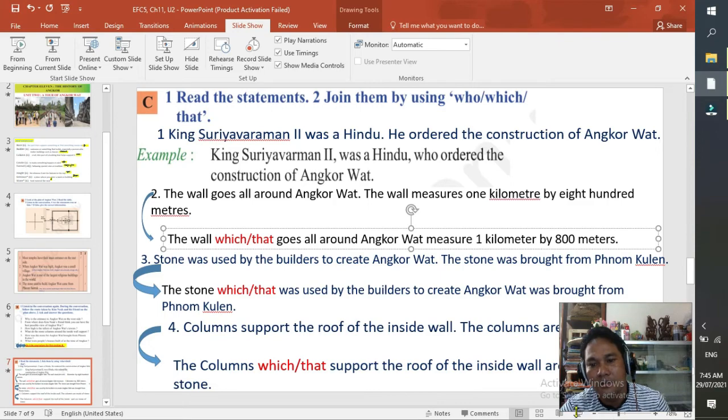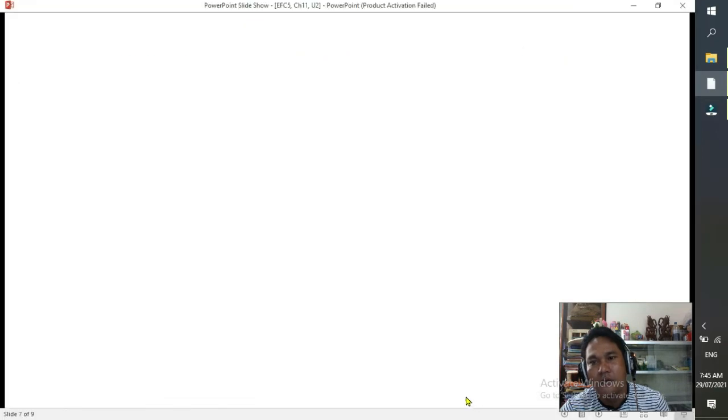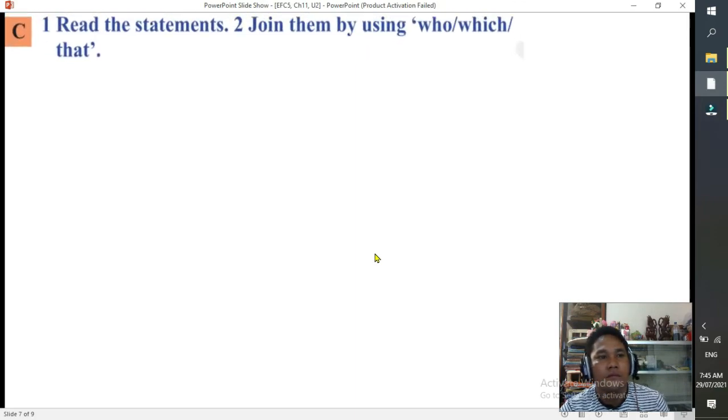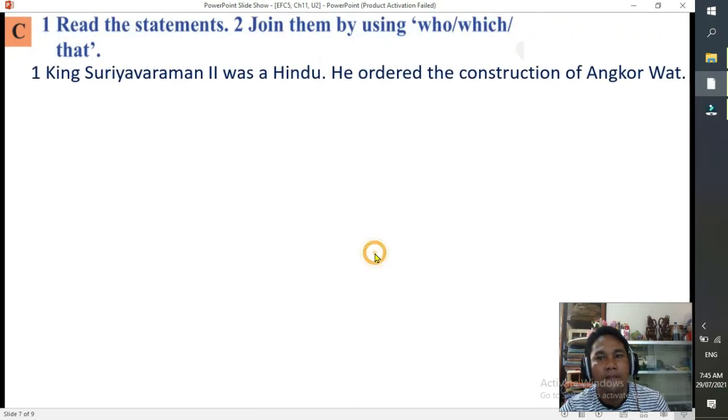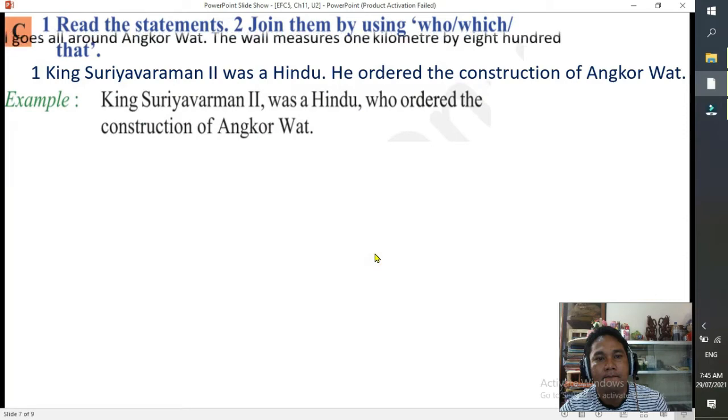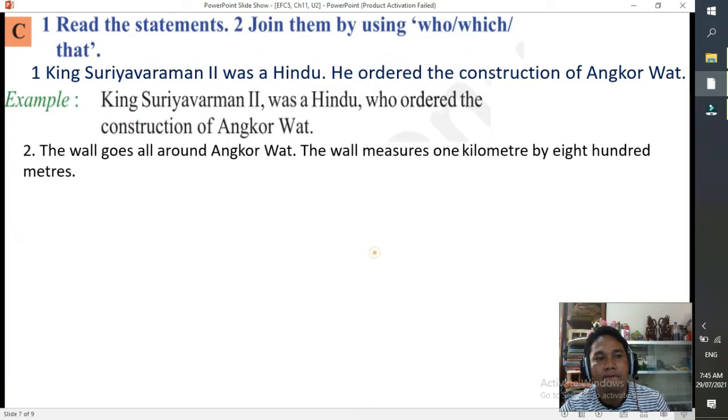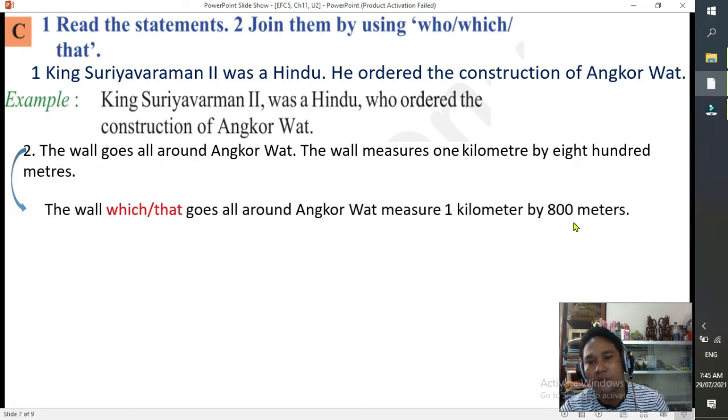Okay, so right now we can see again. Okay, this one is the correct one, 800 meters. So you use which or that. The wall which or that goes all around Angkor Wat measures 1 kilometer by 800 meters.